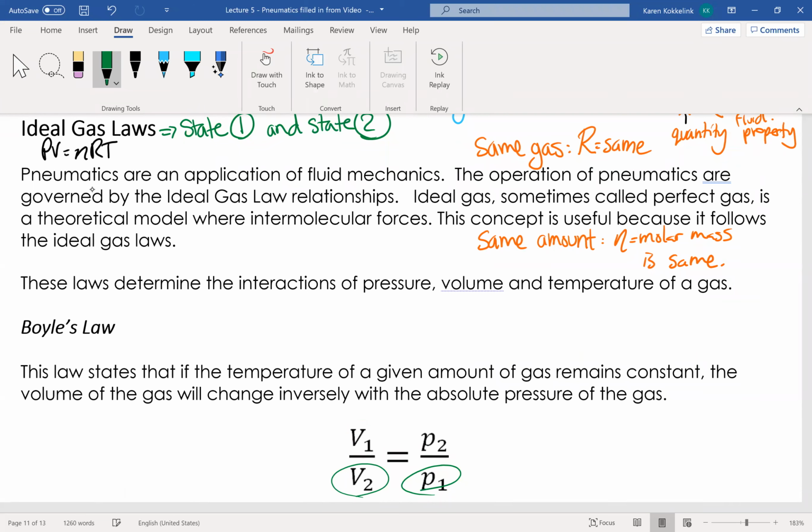So in that reciprocating compressor, I used to have a lot of volume, and then I compressed it to a little bit of volume. The pressure used to be small, but I pressurized it so at state 2 it would be large, right?